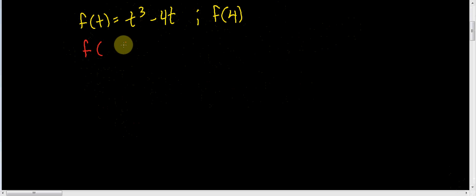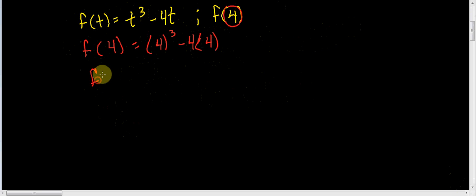To evaluate, all I do is I take my function f, and everywhere I see t, I want to put this 4 in there in place of it. I'm substituting it in. So now I want to find f of 4, and so where there's a t, I put the 4. So 4 goes in parentheses. I'm cubing it, and I'm subtracting 4 times 4.